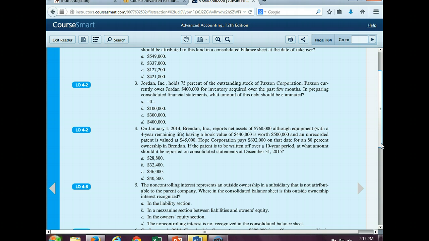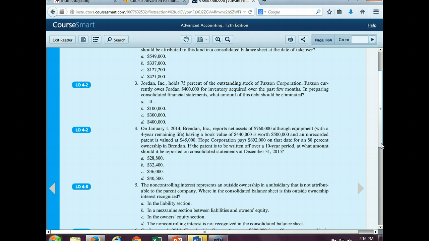It's saying the patent is to be written off over a 10-year period. So it acquired it January 1st of 2014. They're asking as of December 2015, 2 years, what should we show that patent to be on the consolidated financial statements?